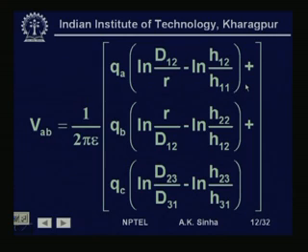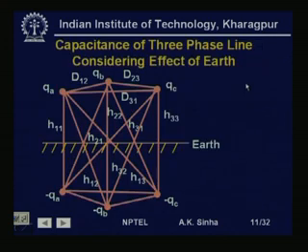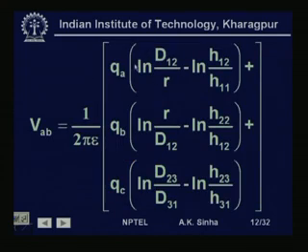That is ln(D12/R), from the distance of this conductor from phase B conductor, D12, divided by the distance from itself, that is D11, which is equal to R. So, we have this first term taking into account that part.